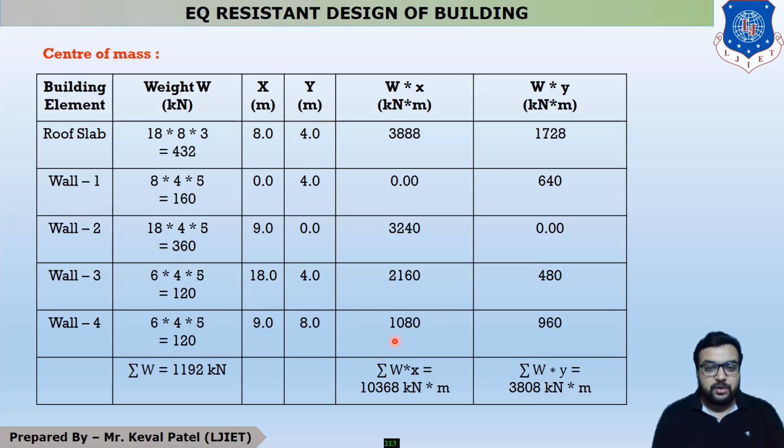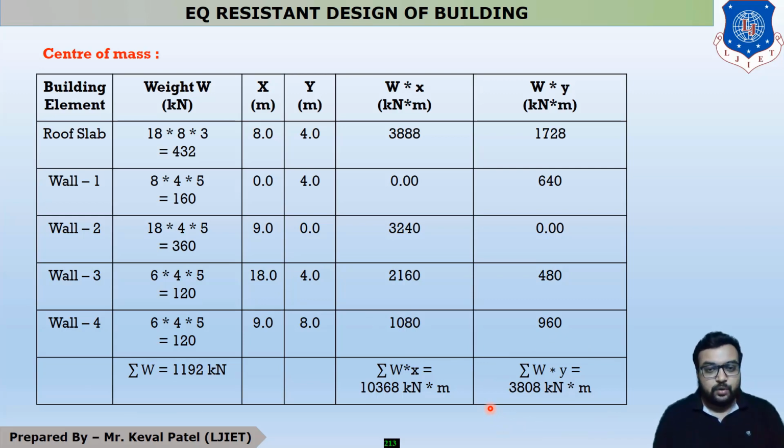So our W into X is equal to 1080 and W into Y is 960. After that, we have to find out the summation of W into X and summation of W into Y.